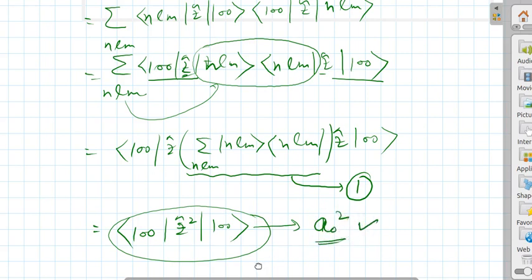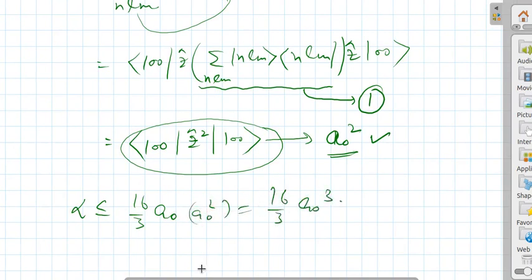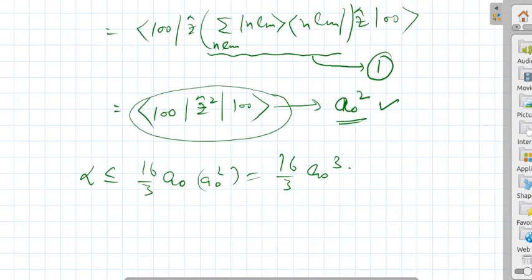So alpha can be written as 16 by 3 a naught into a naught square, so it is 16 by 3 a naught cube. So that is its approximate value.